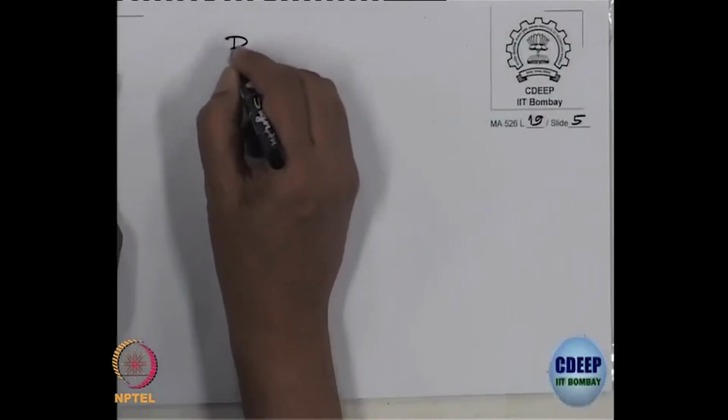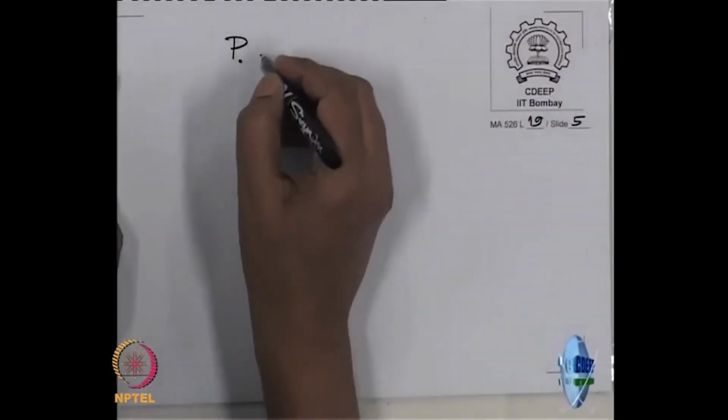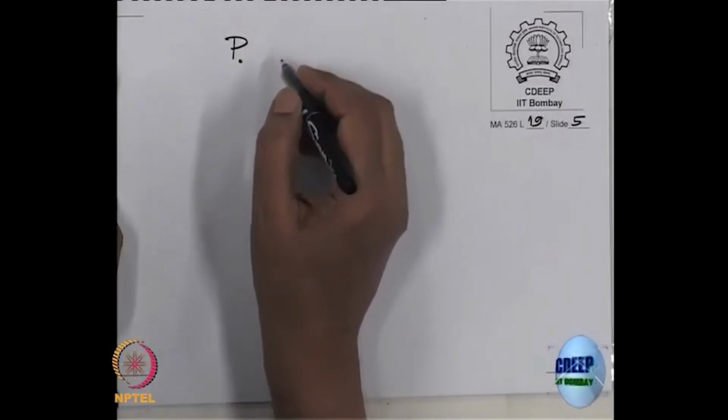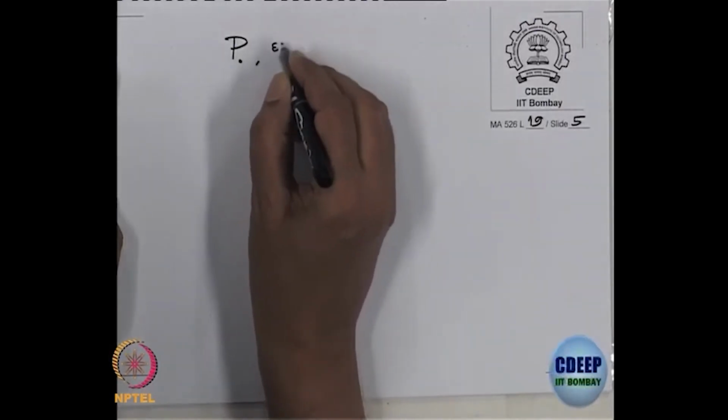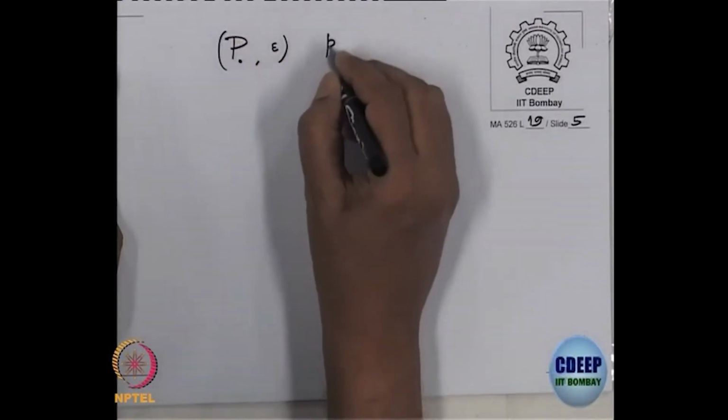I will come back to it when we calculate something. So, what we know is every module has a projective resolution, where each member is a projective module. The projective resolution is usually denoted by P dot with the map epsilon. This is the projective resolution of M.